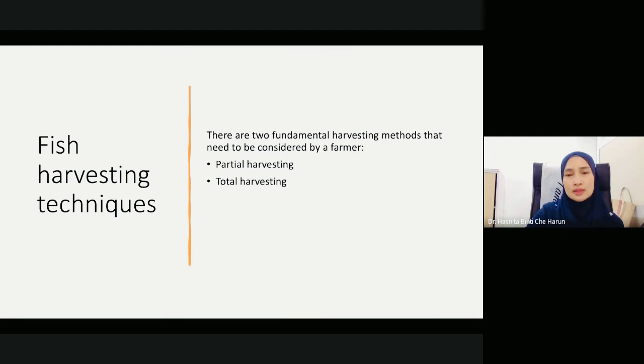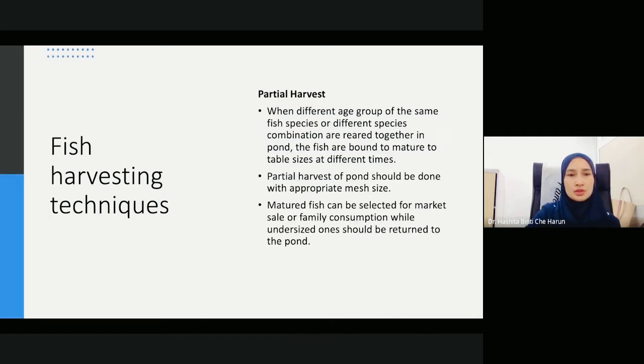So there are two fundamental harvesting techniques, as I said before, partial harvesting and total harvesting, that you choose to harvest your species.